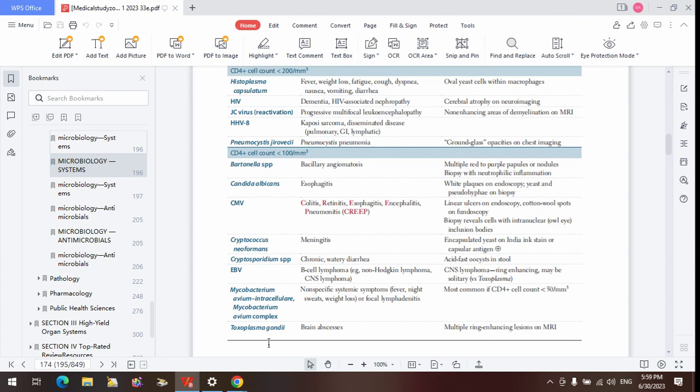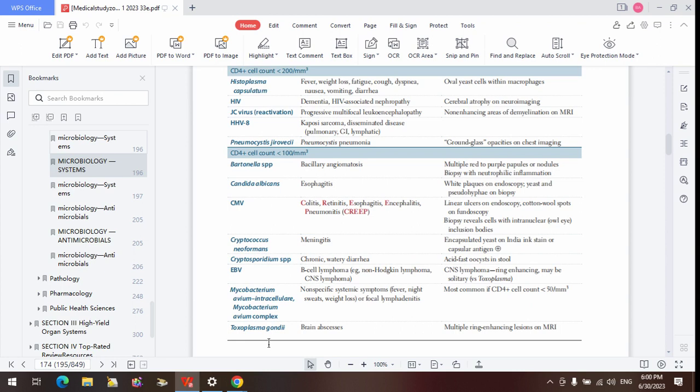Trimethoprim? No. Pyrimethamine, to treat. Yes. So you are treating and prophylaxis too, right? Pyrimethamine and Septrin? No. Sulfadiazine plus pyrimethamine, that is the treatment. I said pyrimethamine for treatment and prophylaxis.